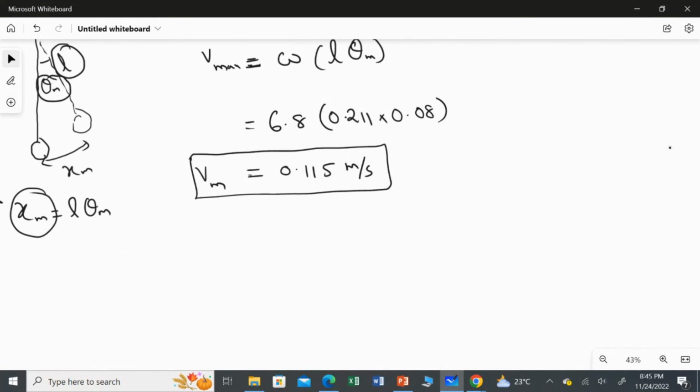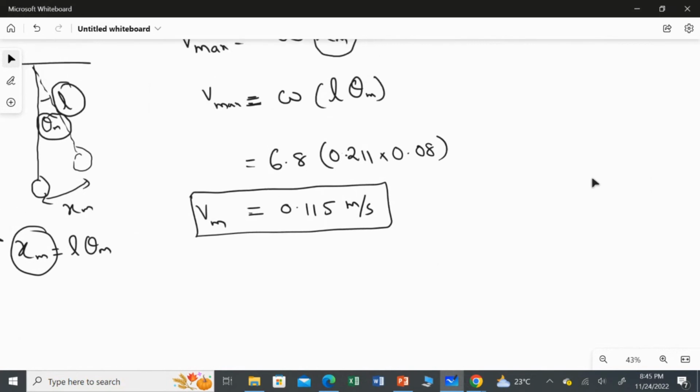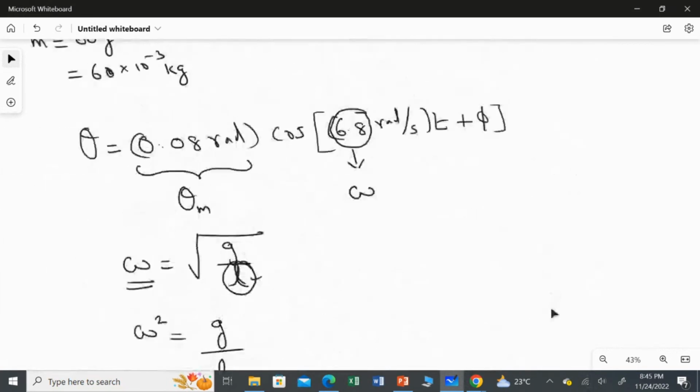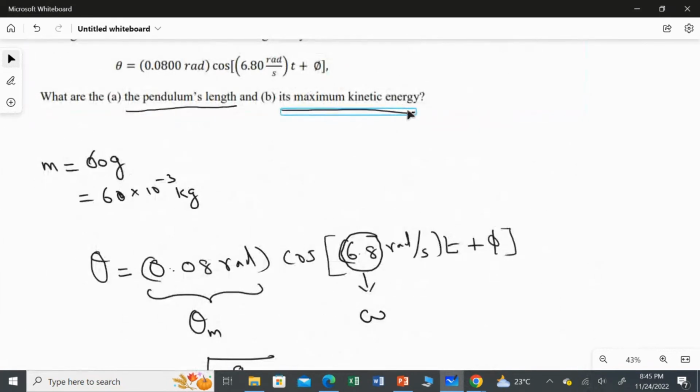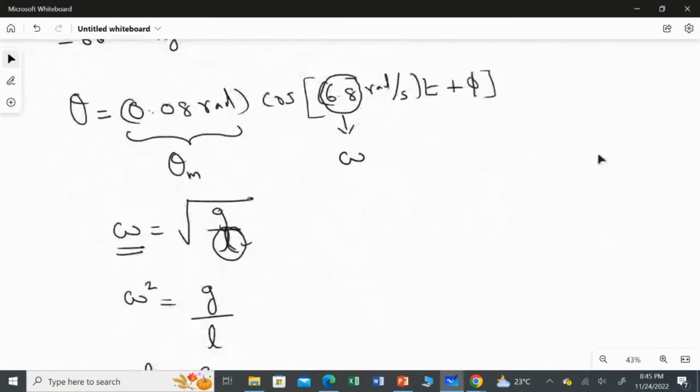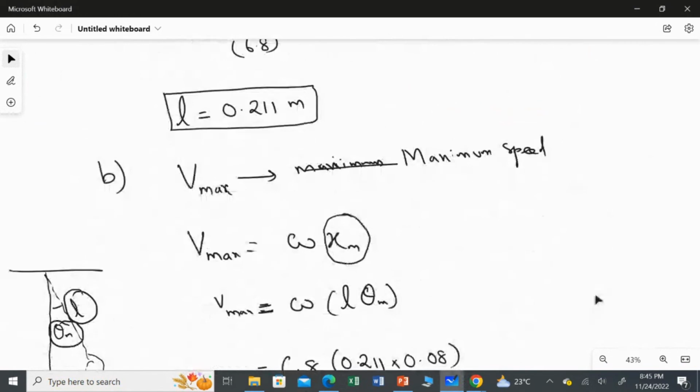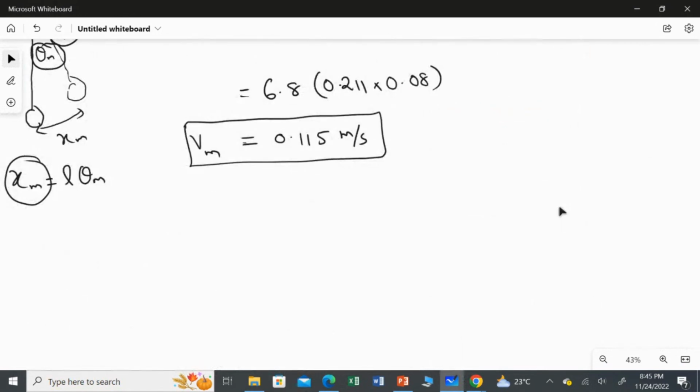Once we have identified the maximum speed, we can easily find the kinetic energy, because we know the rule for the kinetic energy, which is half m v squared. That is the formula for calculating the kinetic energy. So the kinetic energy is given by half m v max squared.